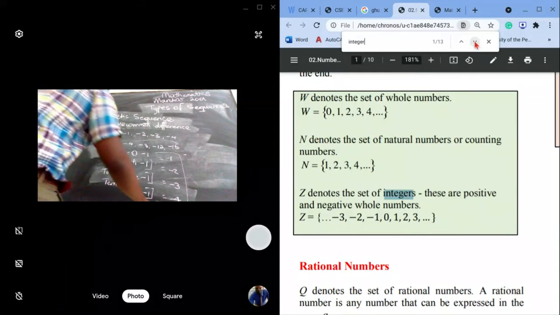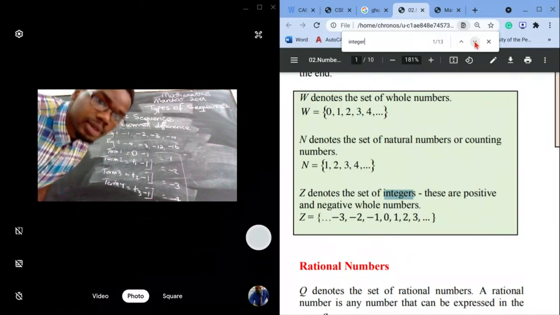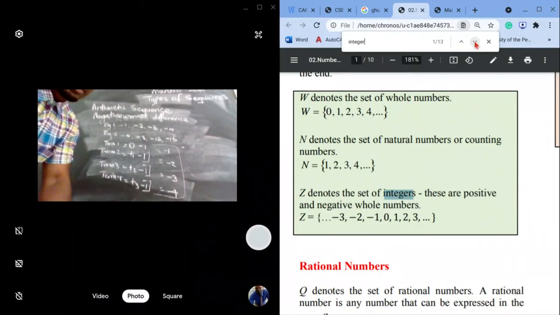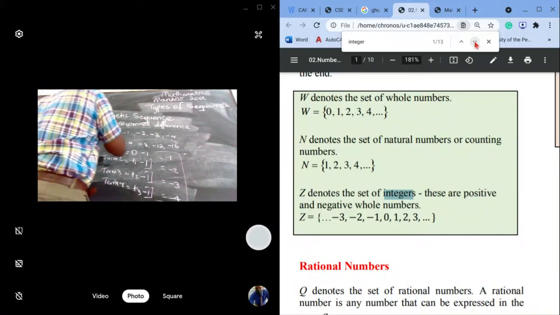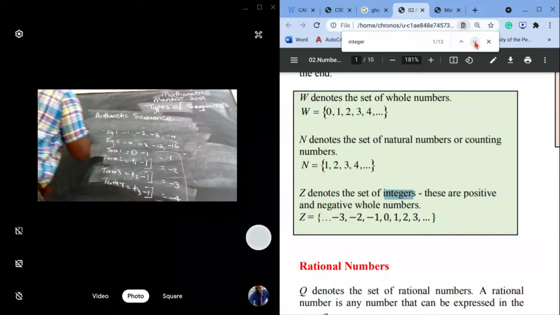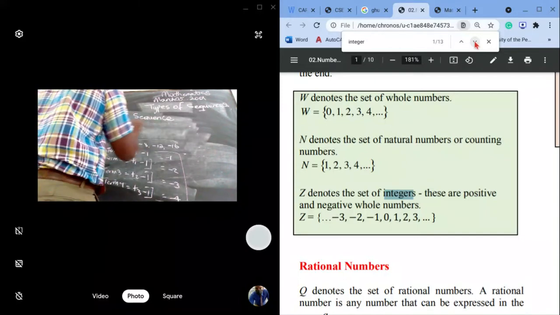Alright, quickly turn that off for me. Alright, good. And the last one, we're going to have a fraction common difference.